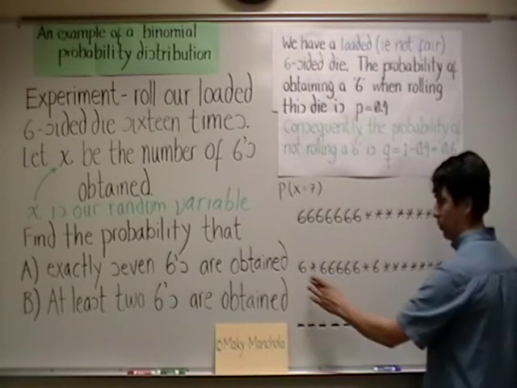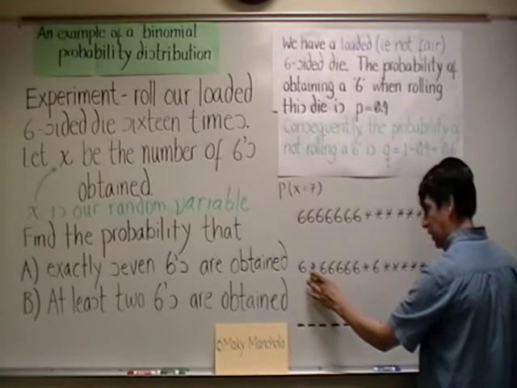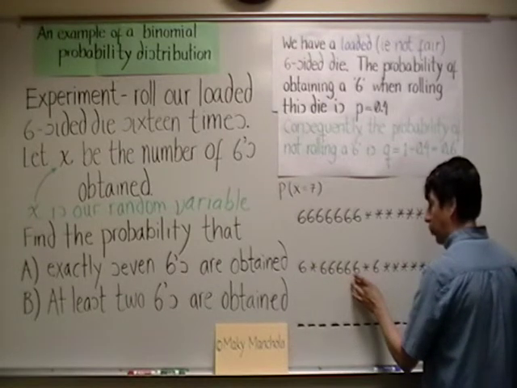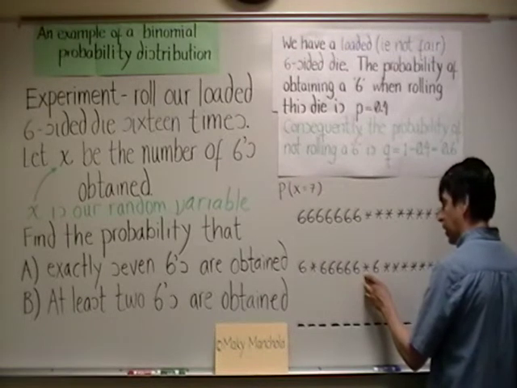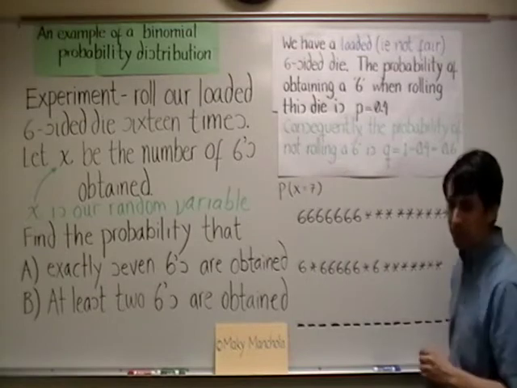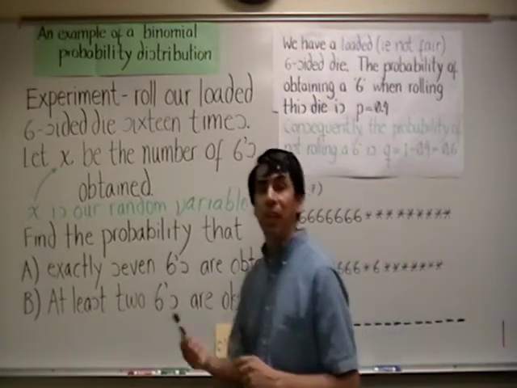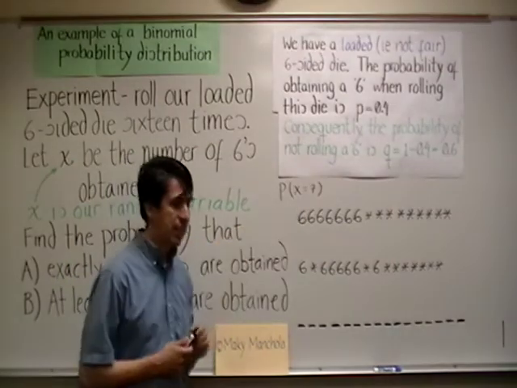Or maybe the first one was 6, the second one wasn't, the next 5 after that were, the one after those was not, then this next one was a 6, and the remaining 7 were not. So there are many different outcomes that will satisfy getting 7 6s.